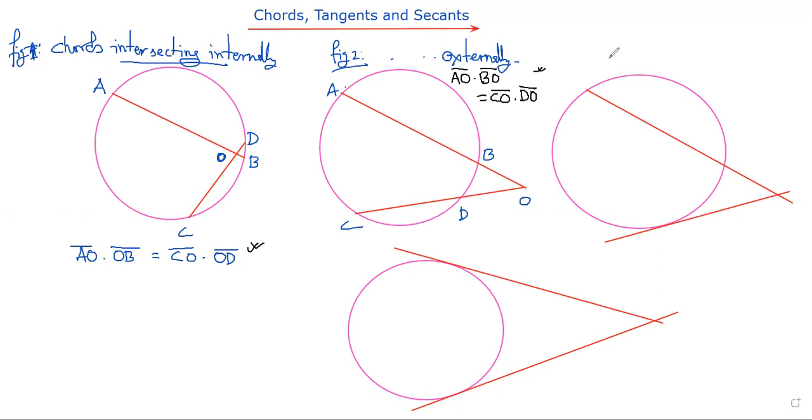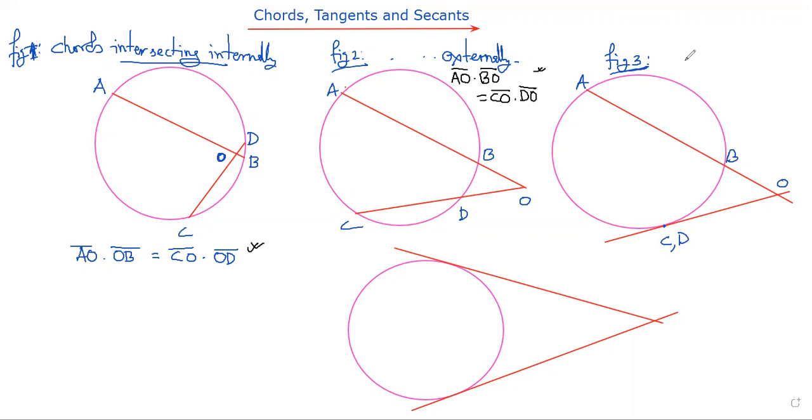Now the same thing I will elaborate to our figure 3. In figure 3, one chord, chord AB, has been extended to a point O, and for CD, both points are the same point. C and D are the same point because it is a tangent at that time. So the logic remains the same as for the earlier one, the product part.